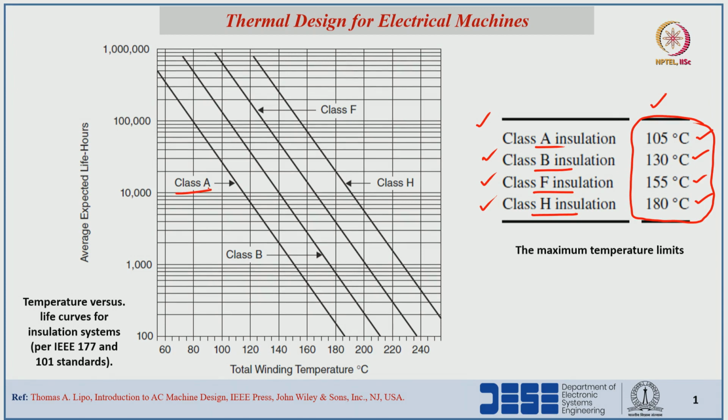With respect to class A, class B, class F and class H, we can see the average expected life hours on the y axis and total winding temperature on the x axis. For example, for class A, this is the lifetime versus temperature line.